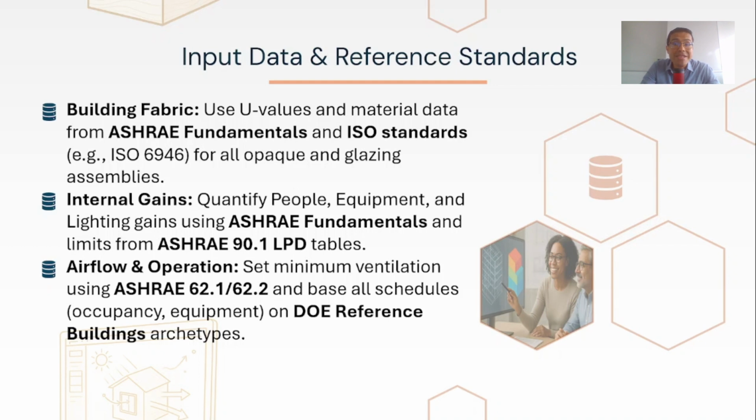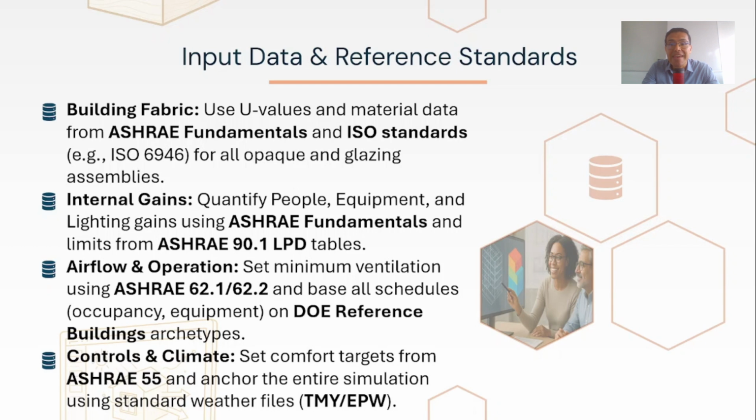Finally, for controls and climate, you set your thermal comfort goals using ASHRAE 55. Then you anchor the entire simulation using a standard repeatable weather file like a TMY or an EPW file, ensuring all your results reflect the correct climate.